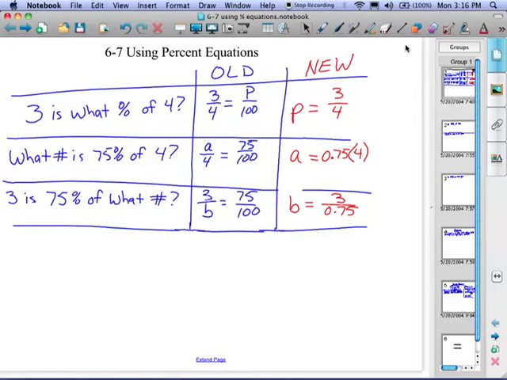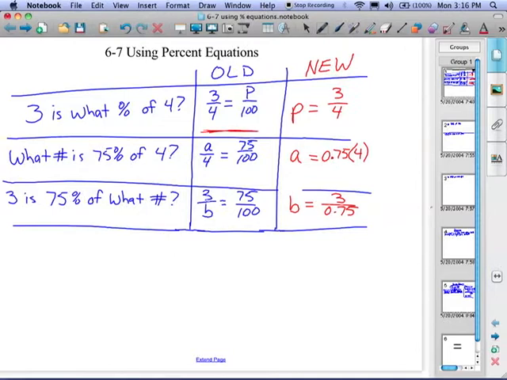We can streamline this process by doing some of the math in the problem before we substitute anything in, thus creating a shortcut. So yesterday, you would have seen 3 over 4 equals p over 100.